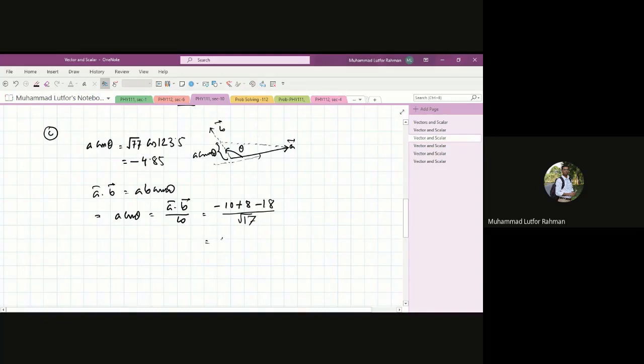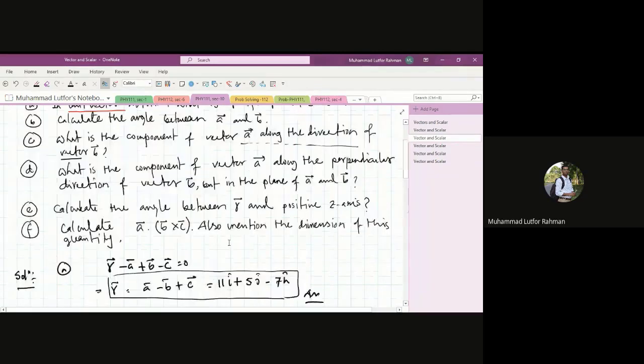This also gives you the same result, 4.85, A cos theta, which is the component of vector A along the direction of vector B. This is the answer of this third question.